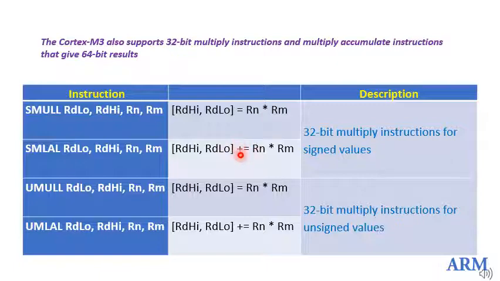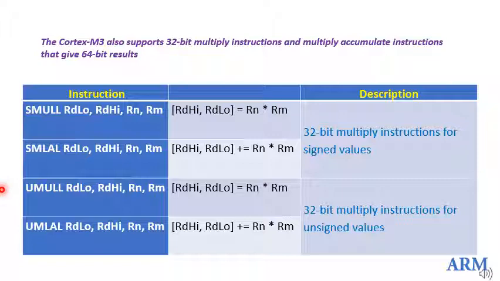So it is RdHi, RdLo equal to RdHi, RdLo plus Rn into Rm. That is, it holds the previous value, and the currently computed product will be added to the previously accumulated value. This will go on however many times you use it. So these are the 32-bit multiply instructions for signed values.